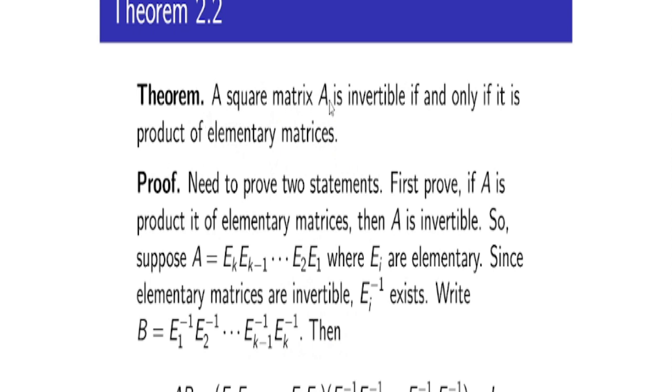A square matrix A is invertible if and only if it is a product of elementary matrices. This is the statement of the theorem which we proved in last lecture. In today's lecture, we solve some problems by applying this theorem.